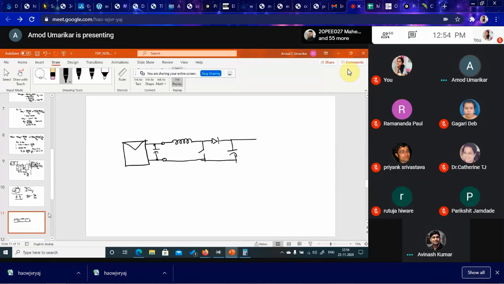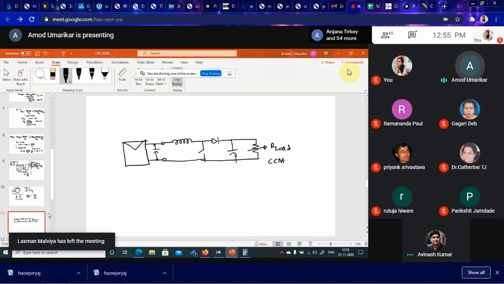And this is your load, which is variable. Assuming that this load varies such that the boost converter will always be in CCM, for our convenience.